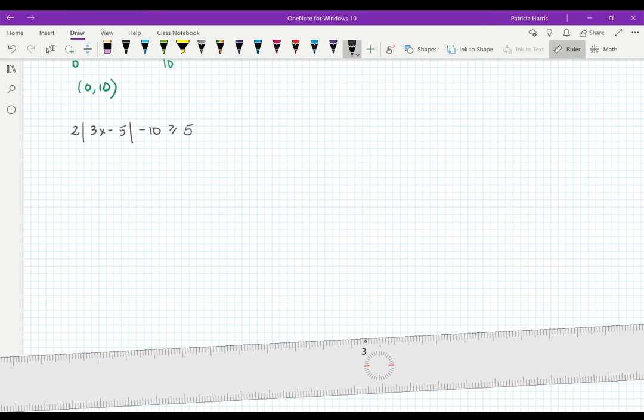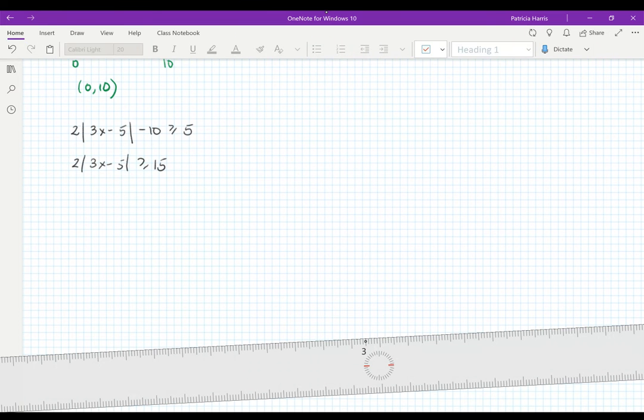All right, let's see what happens. Again, we're going to do some algebra. First, we're going to add our 10. And we're going to get 15. Then we have to divide by 2. Your choice on whether you use 15 over 2 or 7.5, completely up to you.